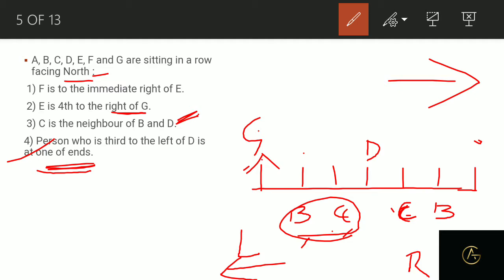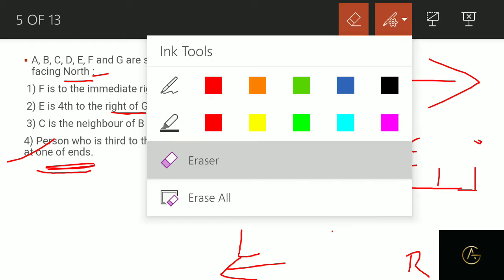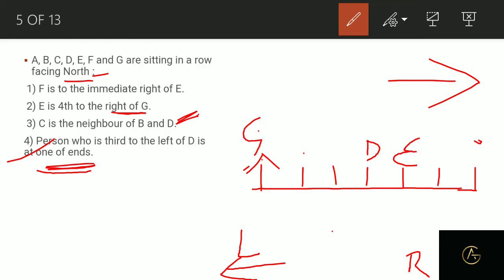E is 4th to the right of G. Where will E be? Then E will come here. So B and C won't come here. Then it is confirmed: B will sit here and C here.